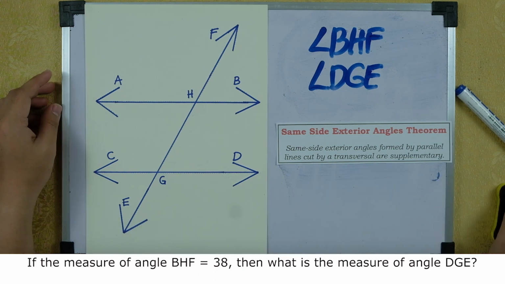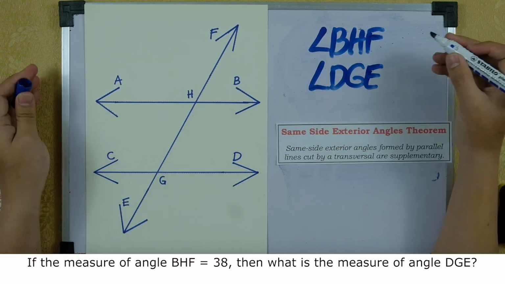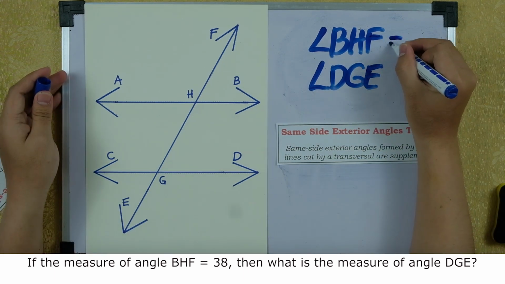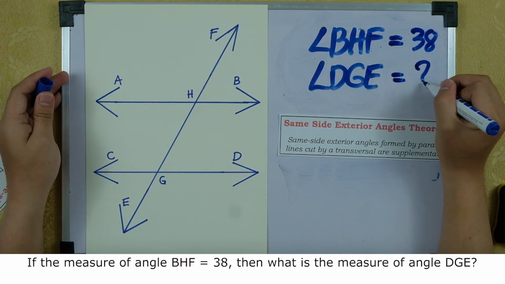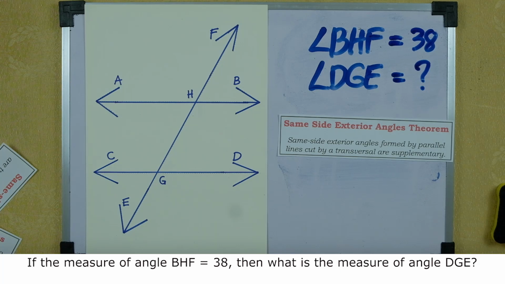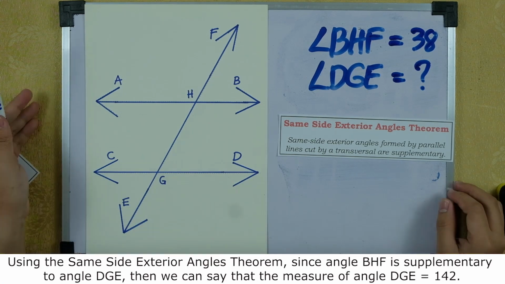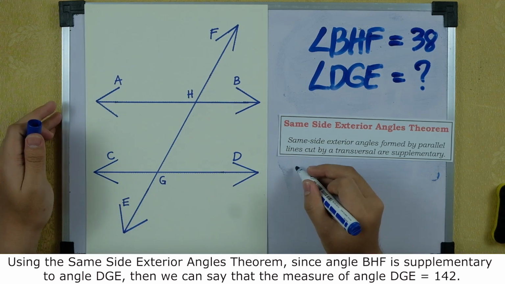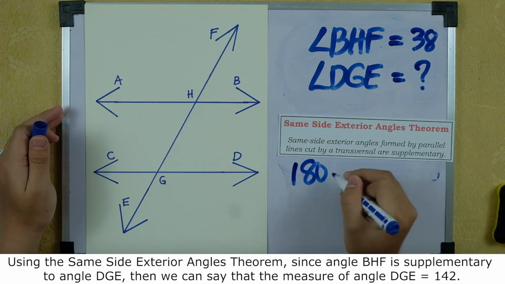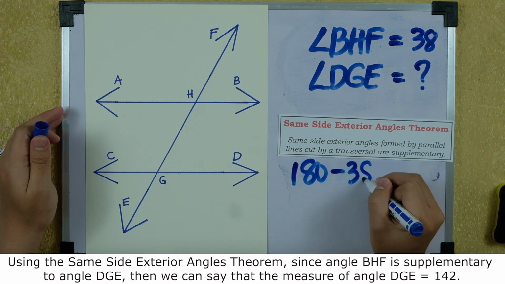These are also same side exterior angles. So if the measure of angle BHF is equal to 38, what is the measure of angle DGE? Using the same side exterior angles theorem, we subtract 38 from 180.